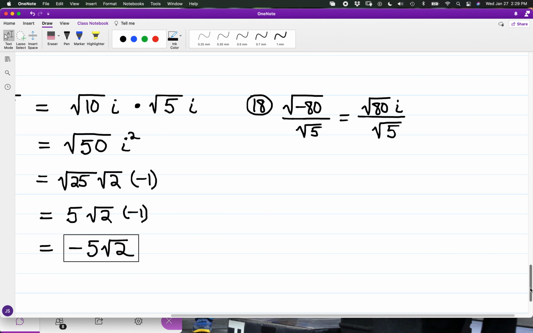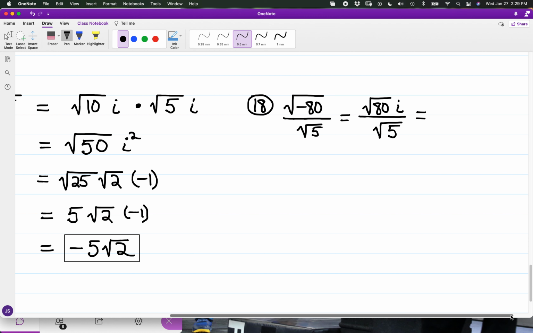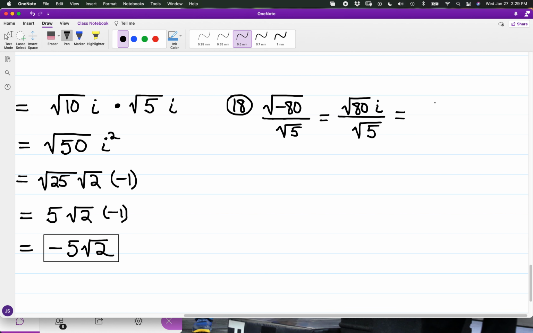There are various ways that you can go about following through. With the square root of 80, I can reduce. 80 is not a perfect square, but it can be factored, and the highest perfect square divisible into 80 is 16. So you have the square root of 16 times the square root of 5 times i.